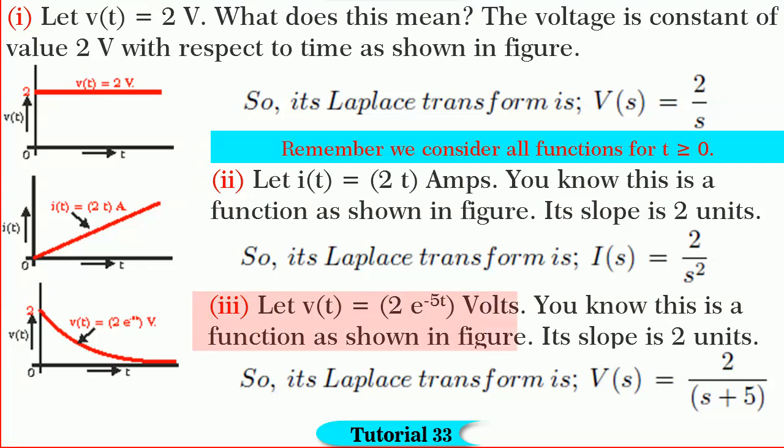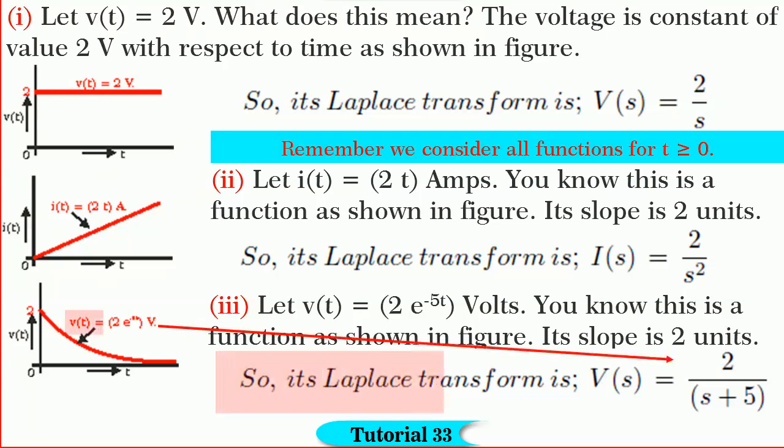Next, let v(t) be equal to 2 into e to the power of minus 5t volts. You know that this function is an exponentially decreasing function. For example, at t equal to 0, v(t) is equal to 2 volts, and at t equal to infinity, v(t) is equal to 0 as shown in figure.